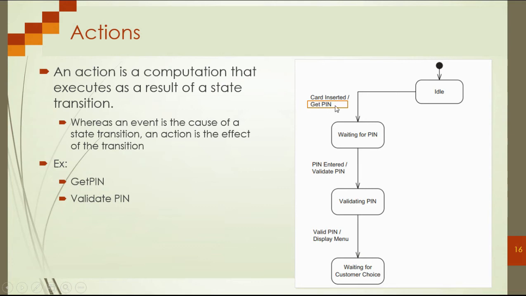It should ask the user to enter the PIN. So once the user inserts the PIN, the system will move to another state. And the same here, after the PIN is entered, the system should validate this PIN. So this is the action that happens as a result of the event.